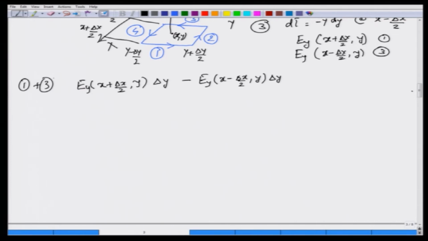So this is the contribution from path 1 and path 3. Now you might suspect that there is some sort of a slope coming up, and you will be right. This is the electric field component y at two different points, x plus delta x by 2 and x minus delta x by 2, both multiplied by the same delta y.